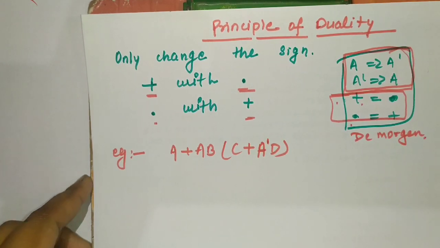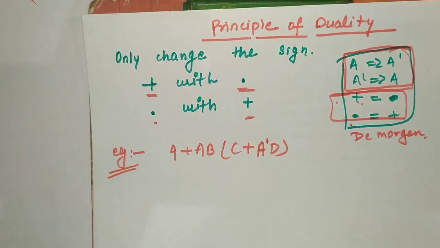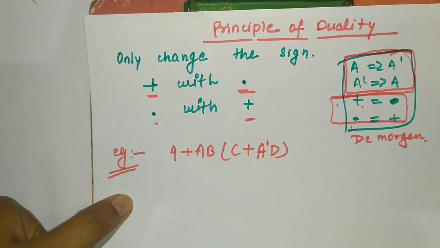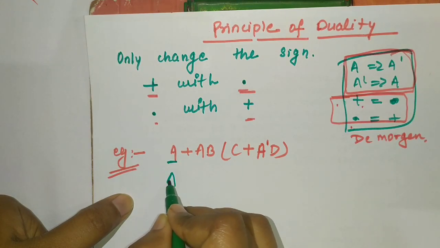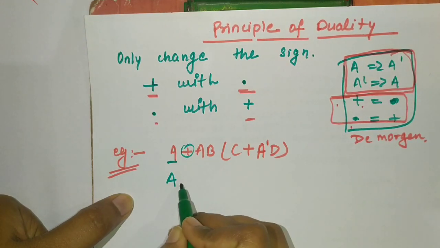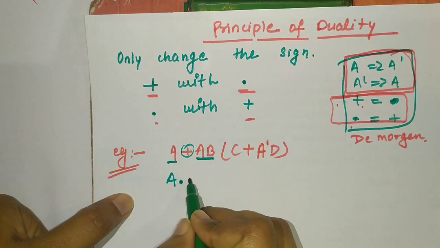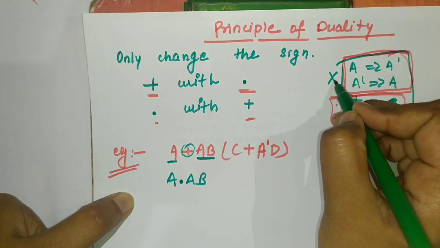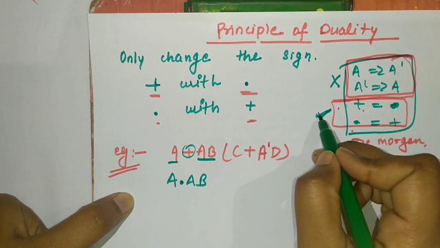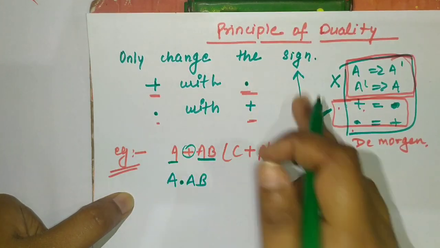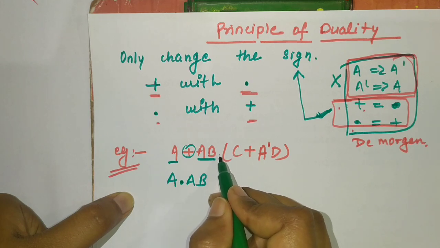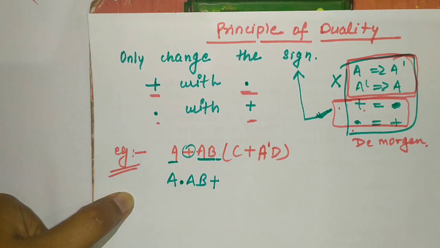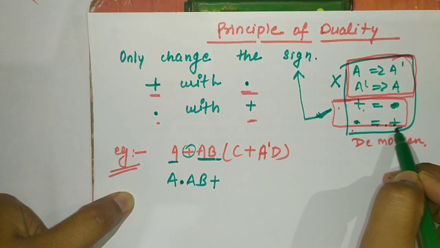Let's take one example for the principle of duality, which means only changing the sign. A is written as it is. Then plus changes to dot, and A B stays the same, because in the principle of duality the variable can't change. Then the dot changes to plus.